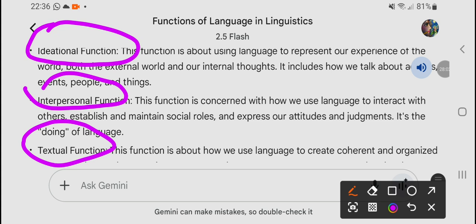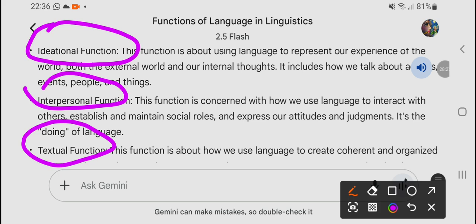Then interpersonal function, when we want to establish our relationship with parties, with our subordinate, boss, and someone. That is used to create bonding, for our social roles and attitude. So that is interpersonal function.